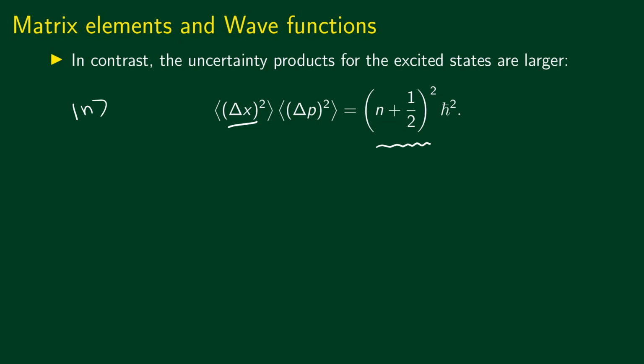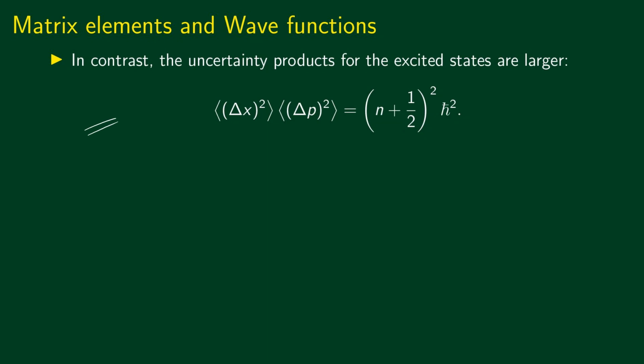Clearly, this is greater than h bar square divided by 4 for n not equal to 0. If n equals 0, this is equal to h bar square divided by 4, which is the minimum uncertainty product. Now we haven't carried out this calculation, and I leave it as an exercise for you: the product of uncertainties for a state ket n.